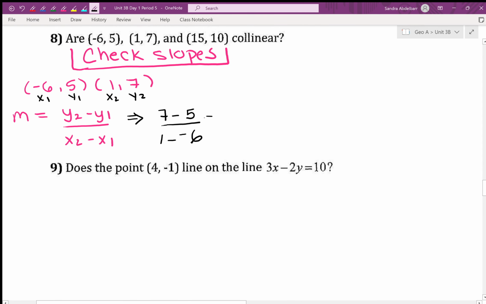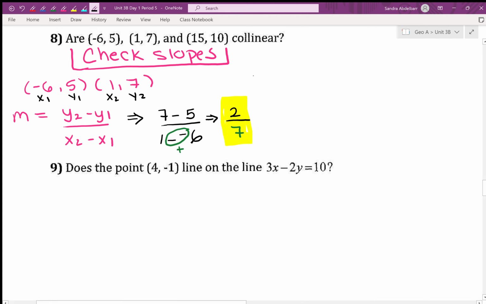Seven minus 5 is 2. What's that double negative make? A positive. So 1 plus 6 is 7. So this is the slope. We need everything to have a slope of 2/7.